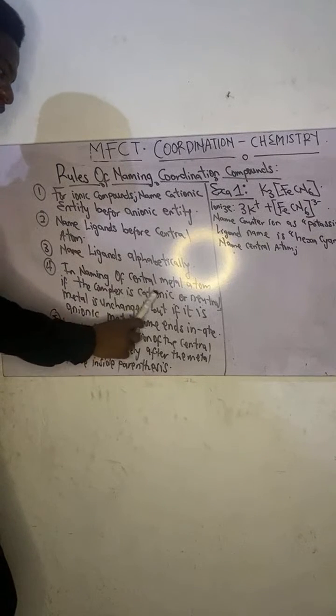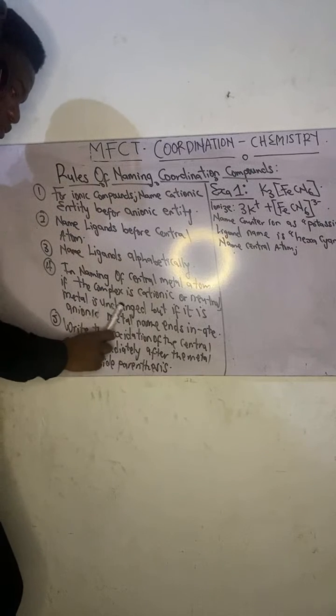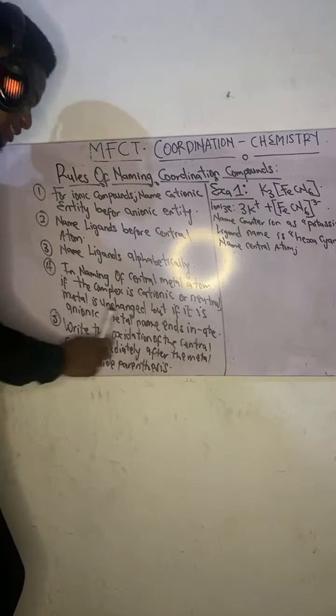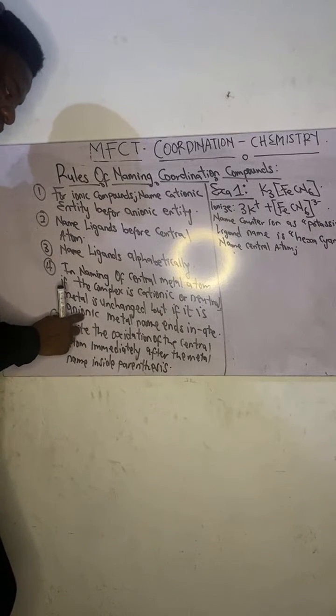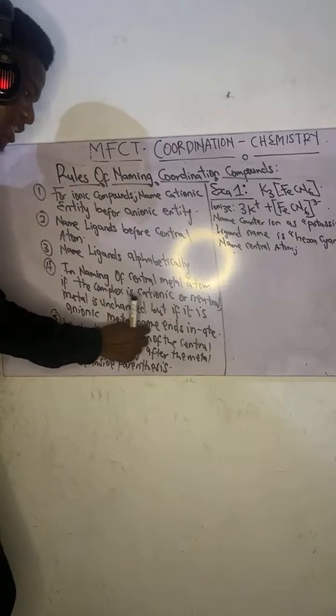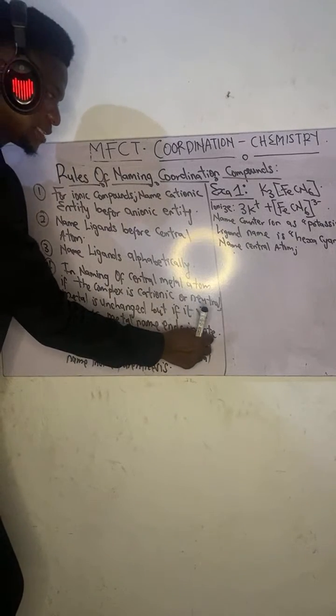The central atom we have here is Fe, which represents iron. Following rule number 4, in naming a central metal atom, if the complex is cationic or neutral, the metal name is unchanged, but if the complex is anionic, the metal name ends in ATE.